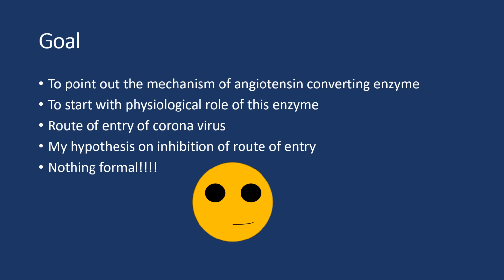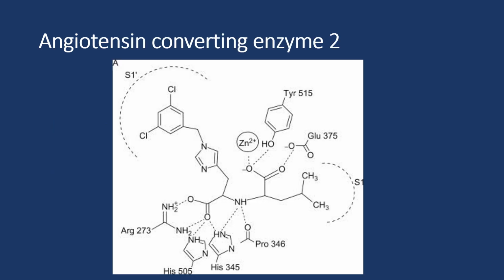This is nothing formal. I have not taken a single formal standard evidence or standard reference, and this is not a standard reference either, as I always say. This is a hypothetical channel, and hypothetical channels deal with hypothesis. So this is a hypothesis.